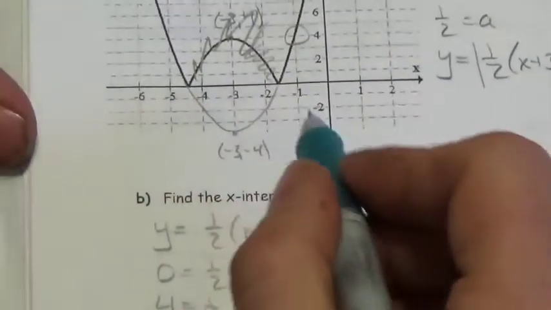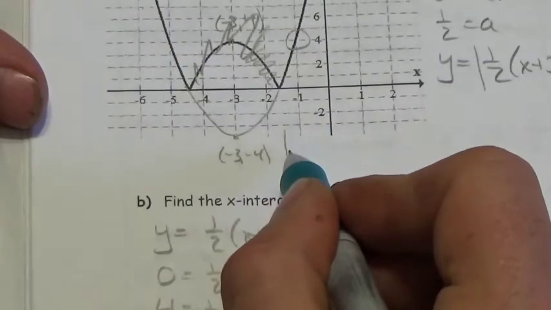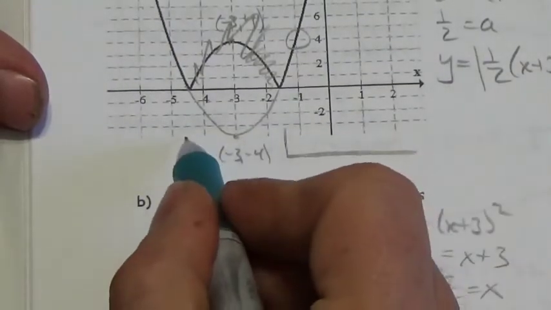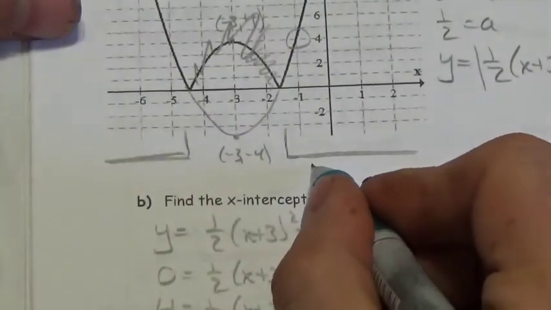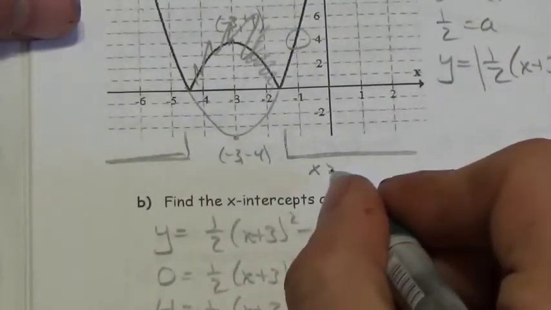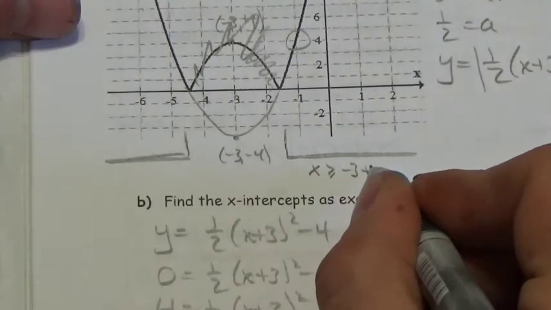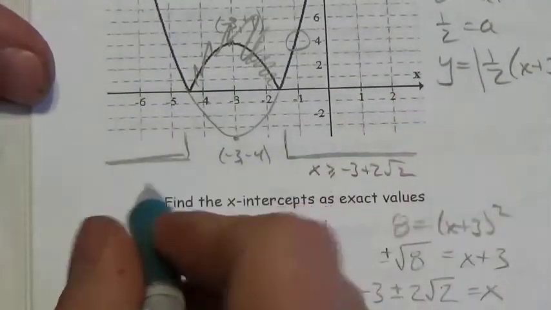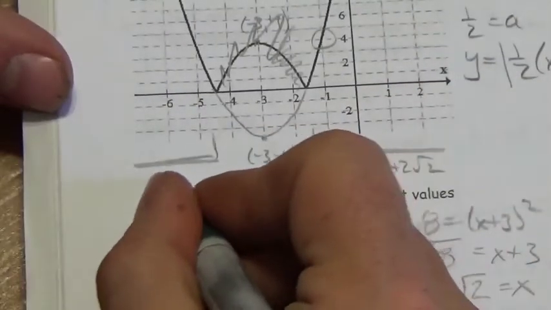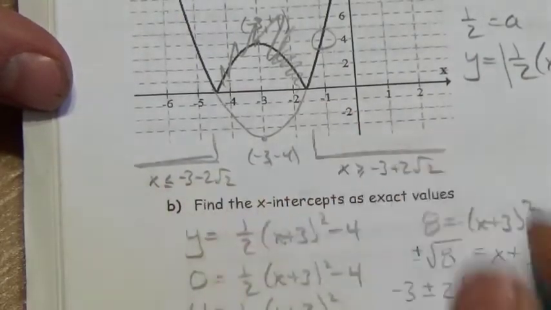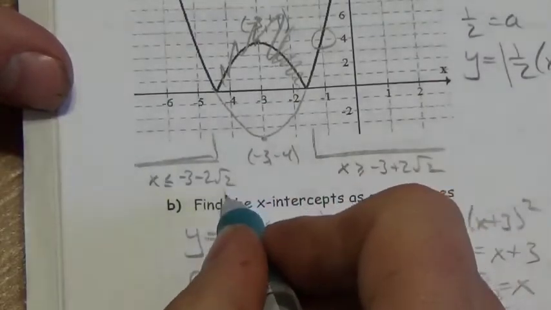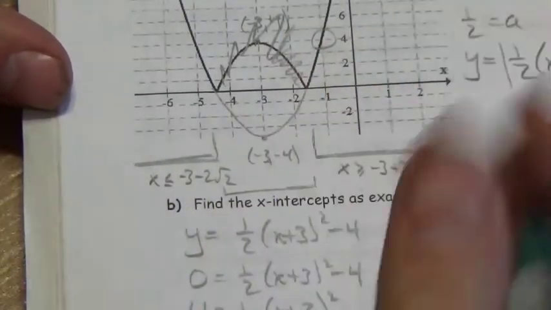So back to my function here. This bit right here didn't change. And so this is going to be where x is greater than or equal to -3 + 2 root 2. And this over here will be where x is less than or equal to -3 - 2 root 2. And then the part that's in between, that was the part that changed.